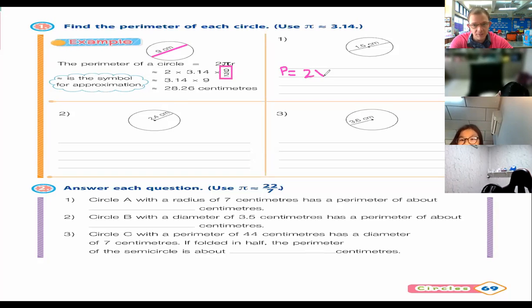2 times 3.14 times what? Who can tell me? 3.14 times what?